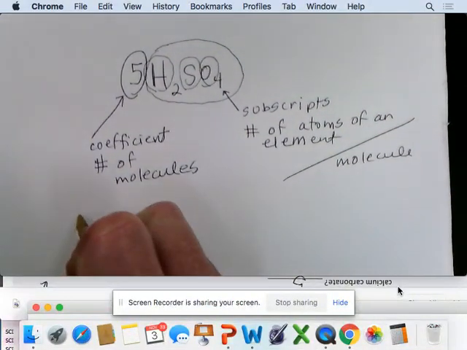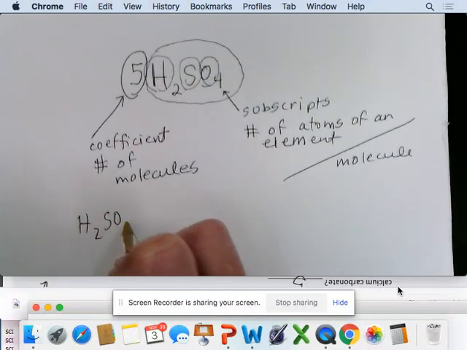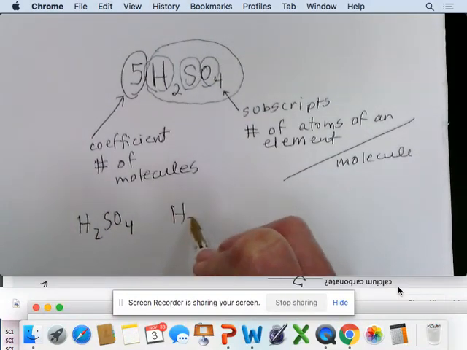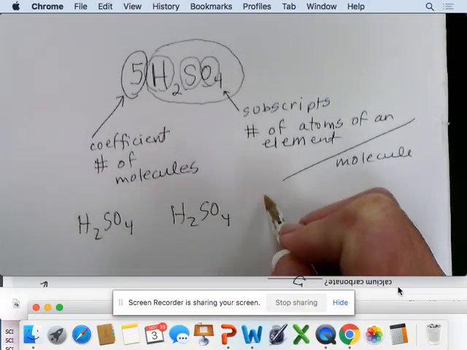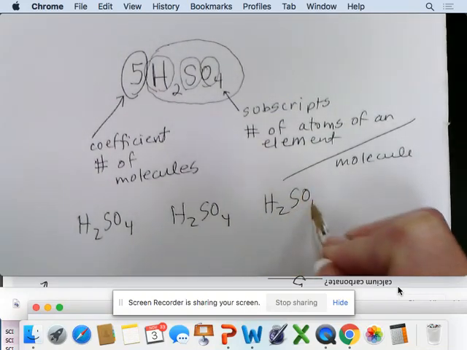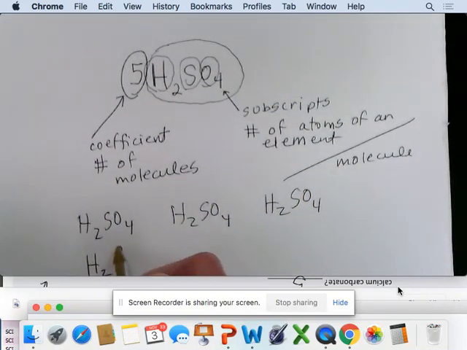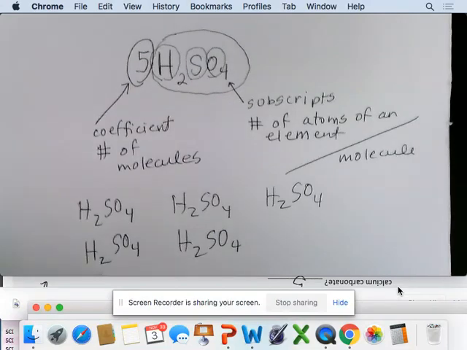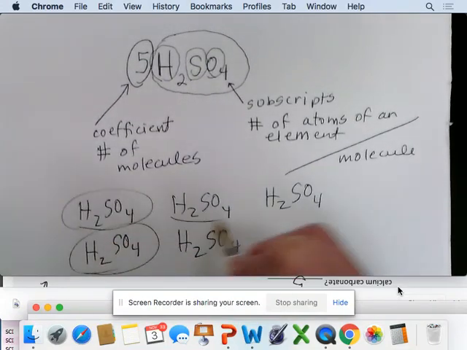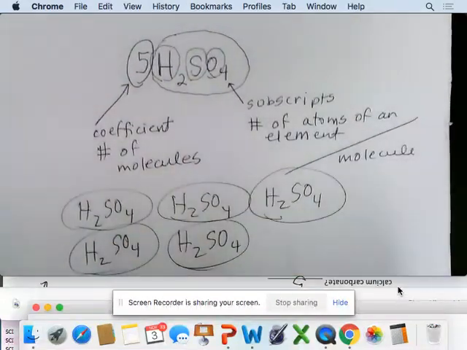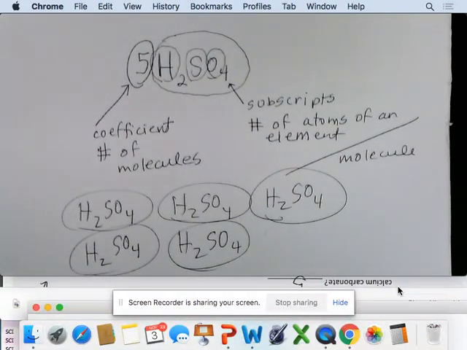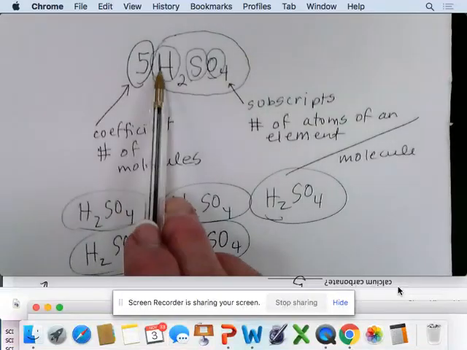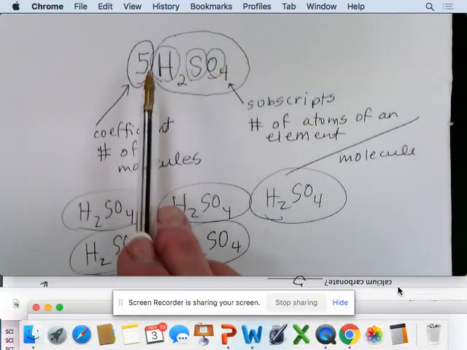So, again, that would be H2SO4, H2SO4, H2SO4, H2SO4, H2SO4. So we have that same molecule 1, 2, 3, 4, 5 times. And so that coefficient gives us a shorthand way to show how many molecules of that particular compound, 5.